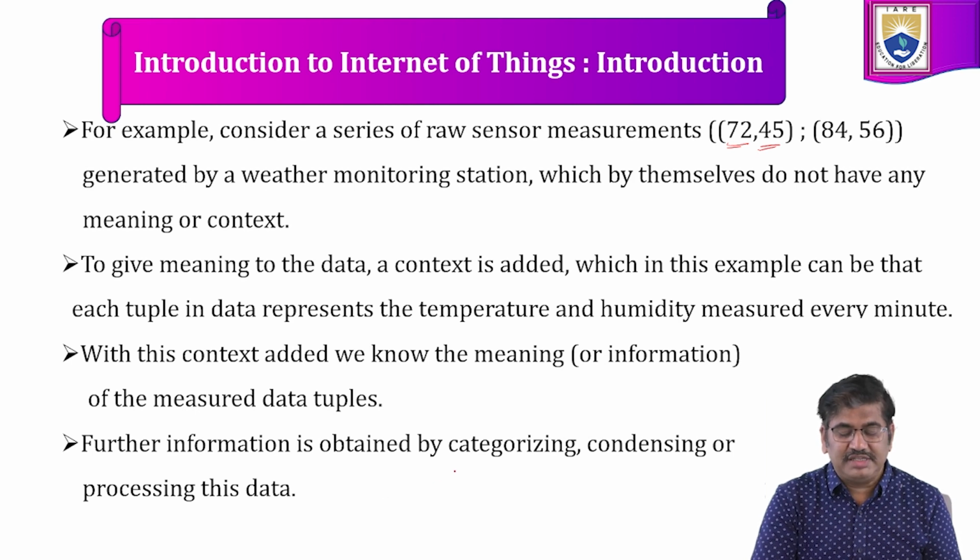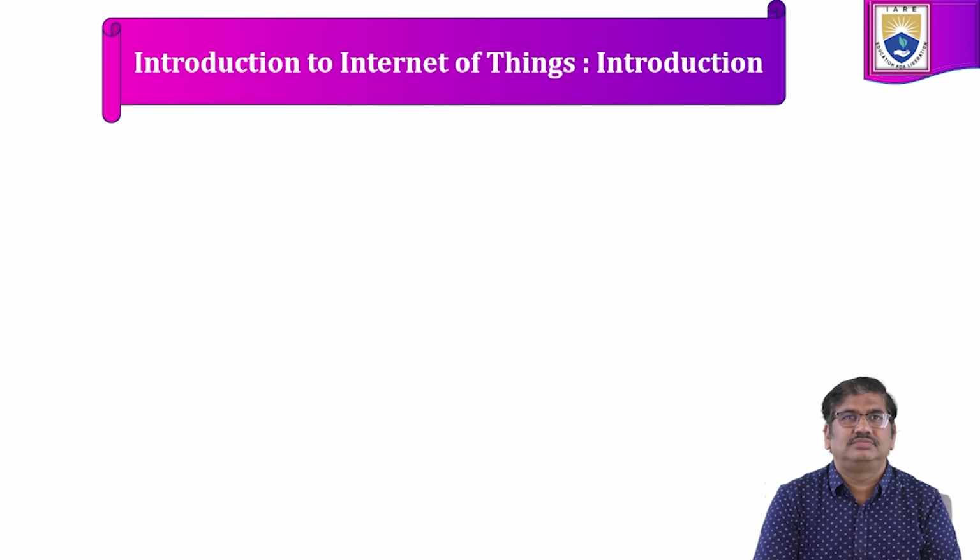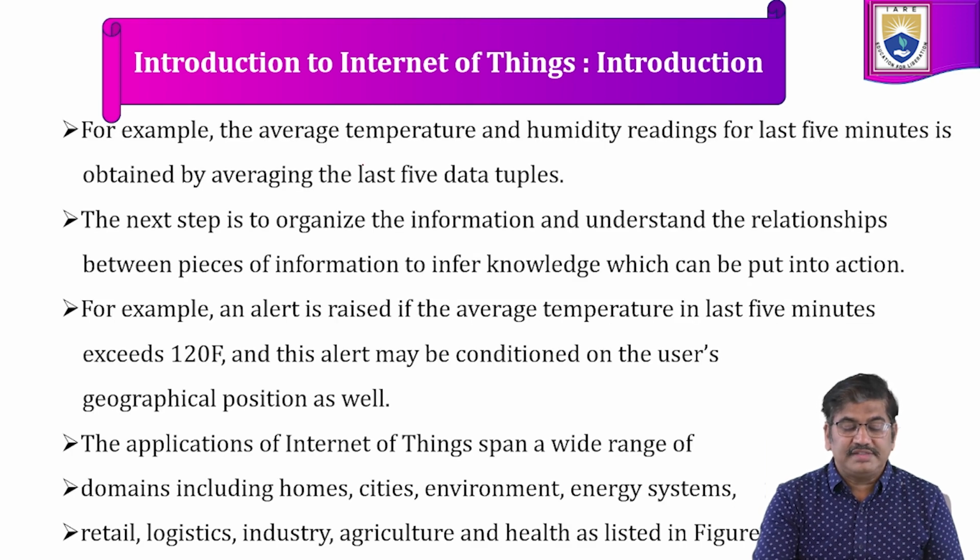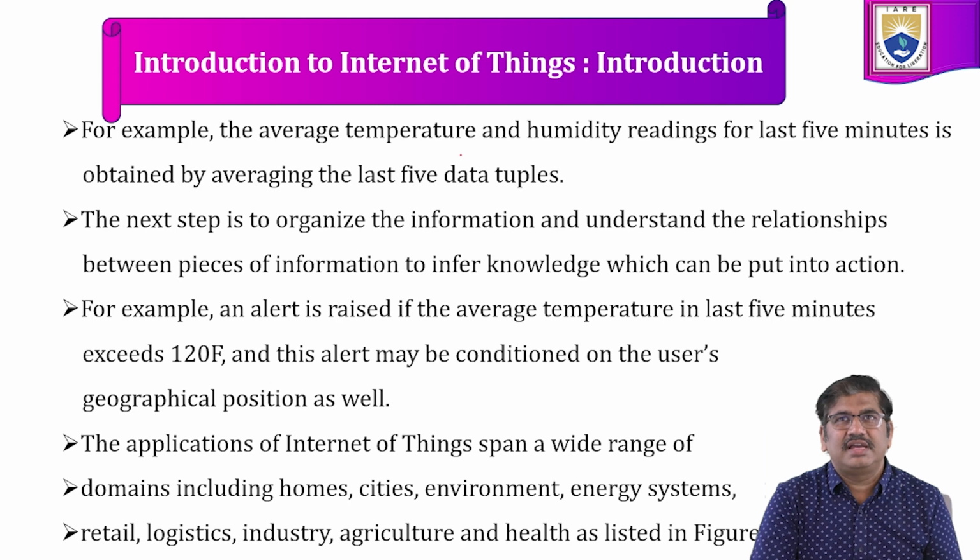Further information is obtained by categorizing, condensing, or processing whatever data is sensed from the sensor. For example, the average temperature and humidity readings for the last 5 minutes is obtained by averaging the last 5 data tuples.